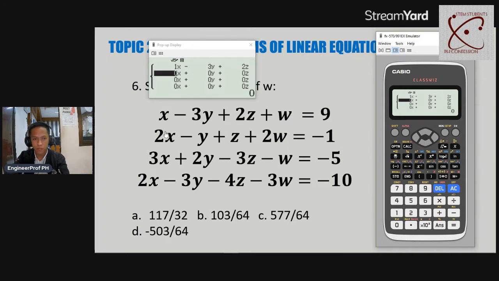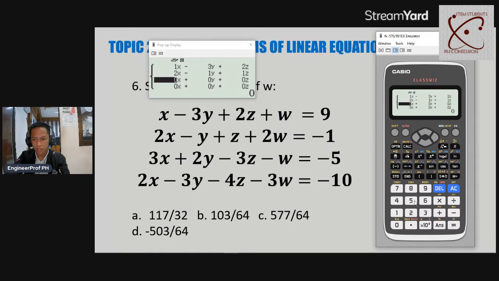And we have here, for the second equation, you have 2. And negative 1 for the coefficient of y in the second equation. Ayan. For the z, that is 1. For w, that is 2. Okay. For constant, that is negative 1. Then third equation.